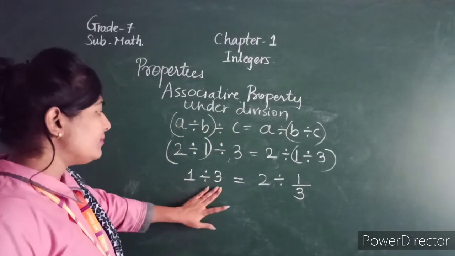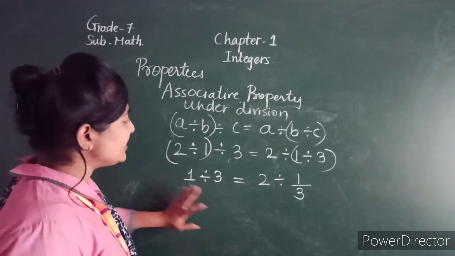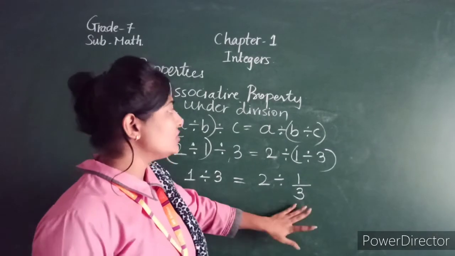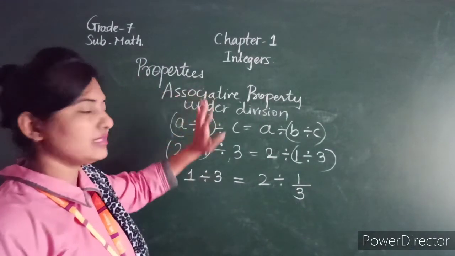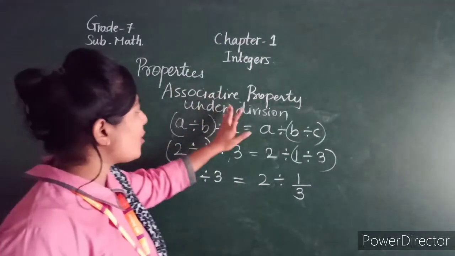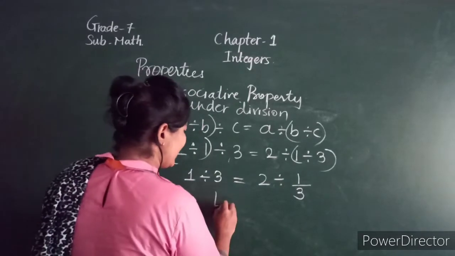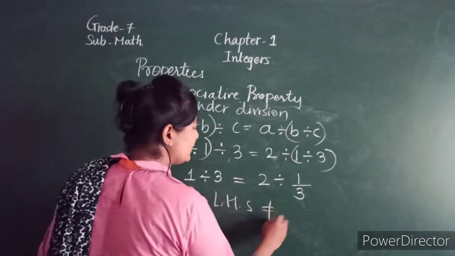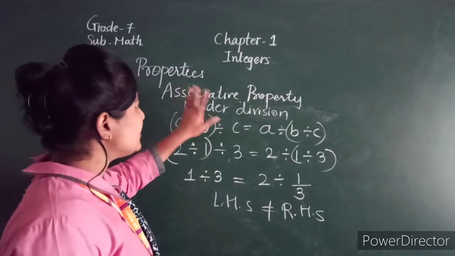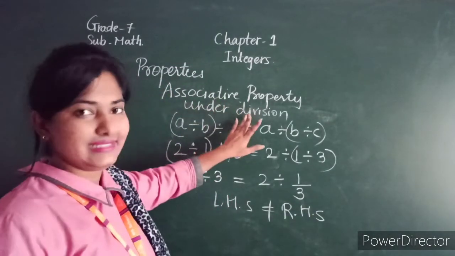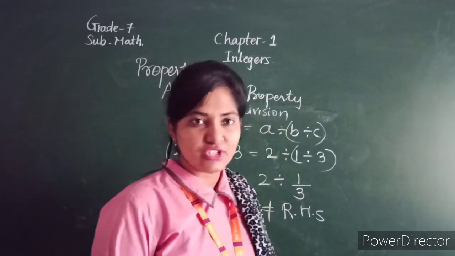So these both are not equal. You can see here LHS is not equal to RHS. So division is not associative, because LHS is not equal to RHS.